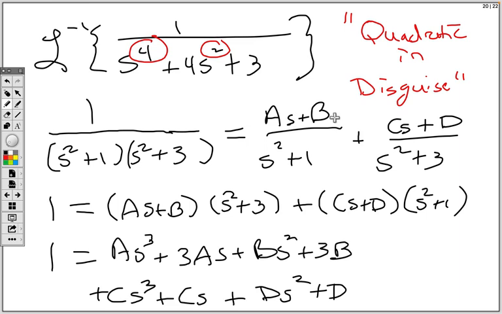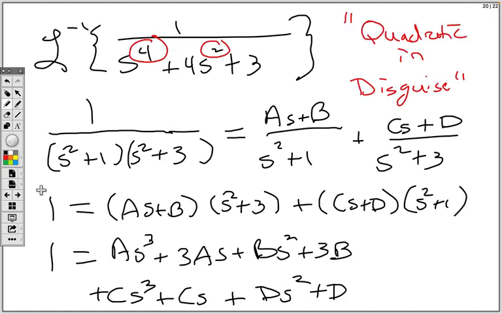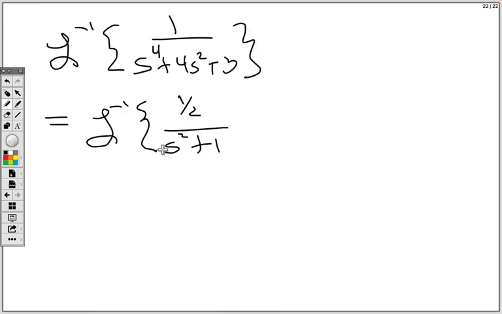This is as plus b. A is 0, b is a half. So this is a half over s squared plus 1. C was 0, D is minus a half over s squared plus 3.